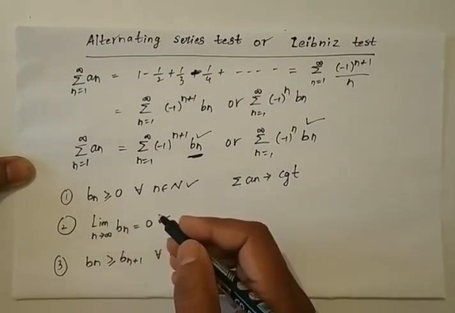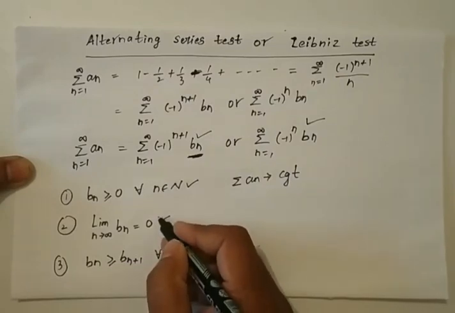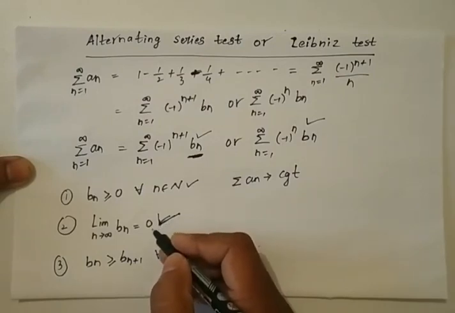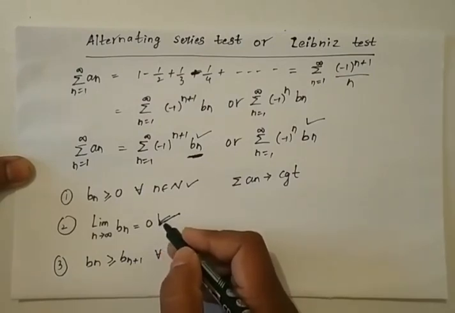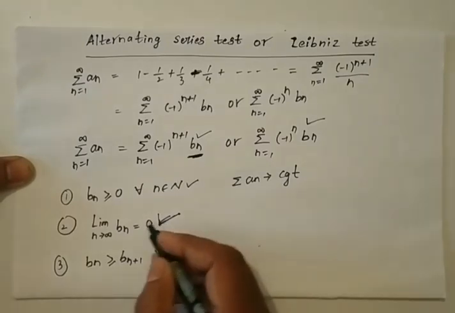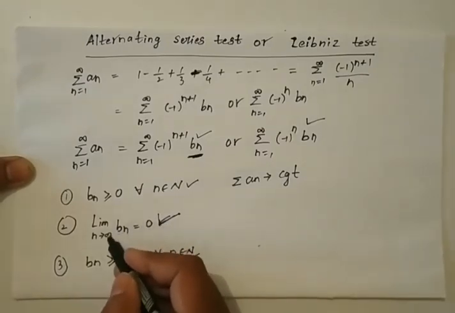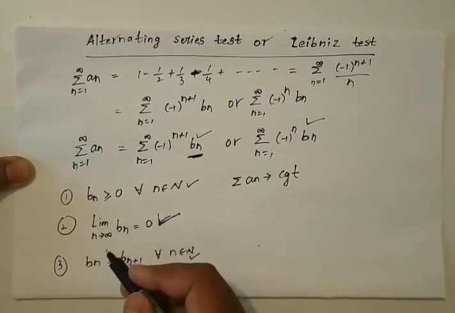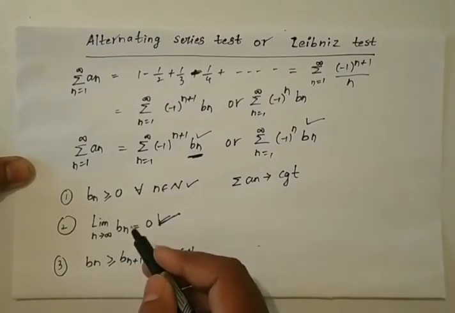Suppose the second condition in the alternating series test is not satisfied, then the series does indeed diverge.